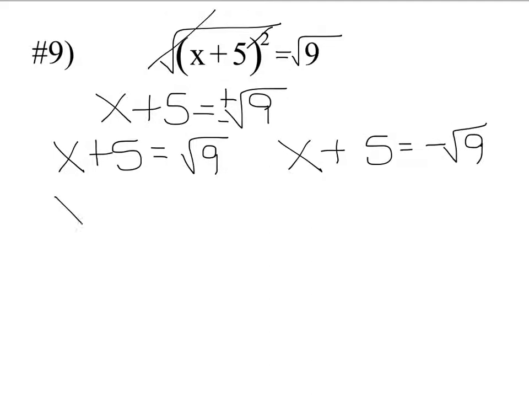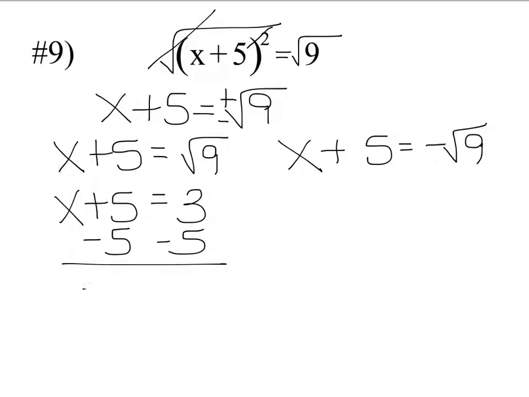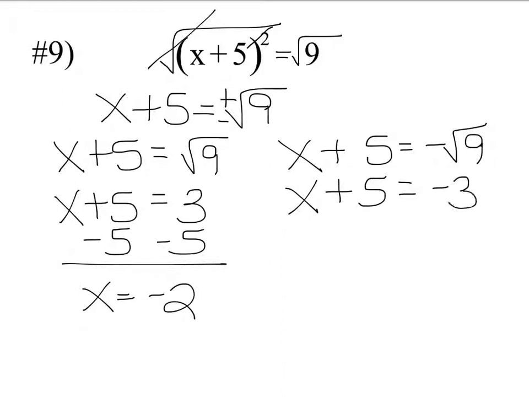We know the square root of 9 is 3, so I'm going to say x plus 5 is 3. And then I'll subtract 5 from both sides, and I'll get x equals negative 2. And then over here, we know that the square root of 9 is 3. So this is going to become negative 3 because of this negative right here.